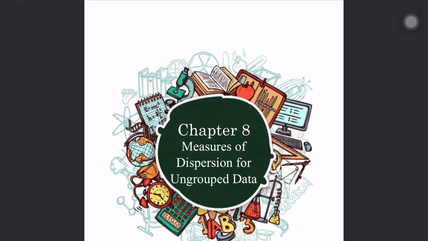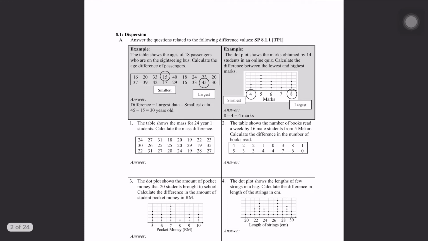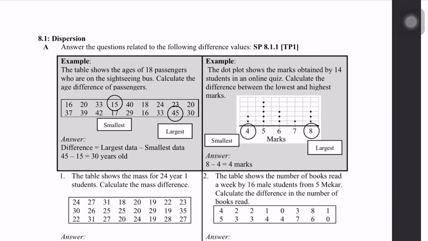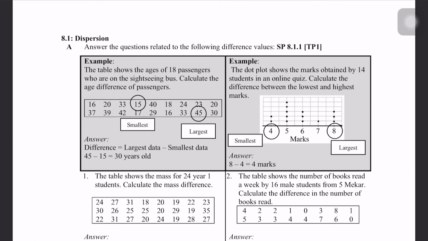Okay, so welcome back to our class, and for today we are going to look into a new chapter, which is chapter 8, measures of dispersion for ungrouped data. Basically for this chapter, you're going to learn two subtopics.